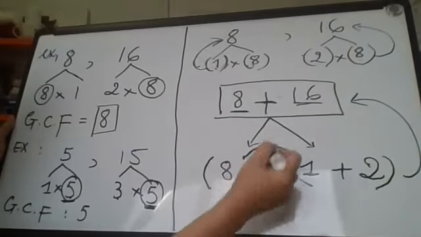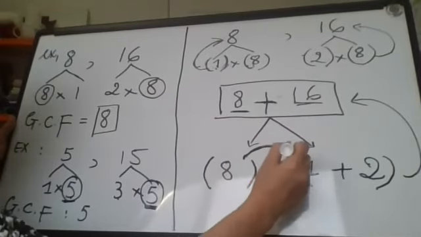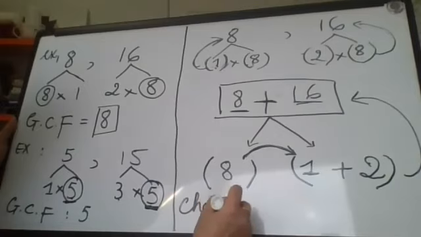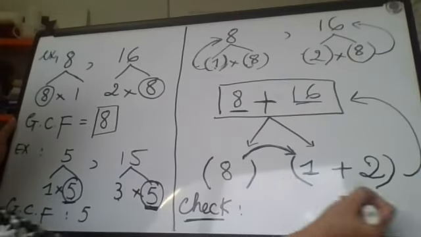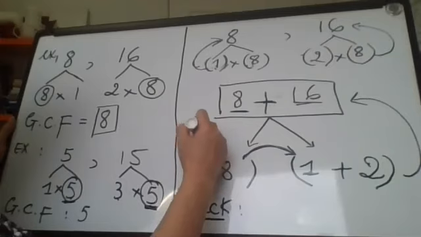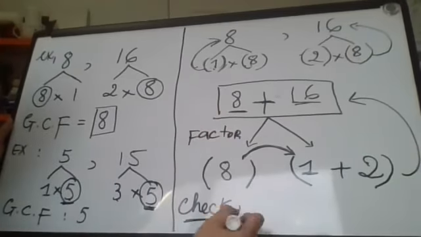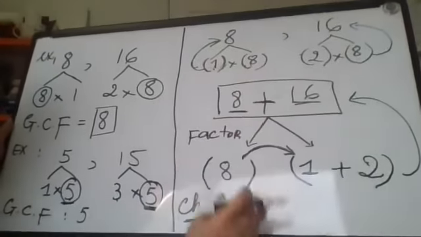So now, when I distribute these 2 brackets, I distribute the first term, and this is what I call check, okay? For checking only. This is what you have done: you break them into brackets, and this process we call factoring. Now, I'm going to check to see if I factored right or not. Do I get back to the same expression?